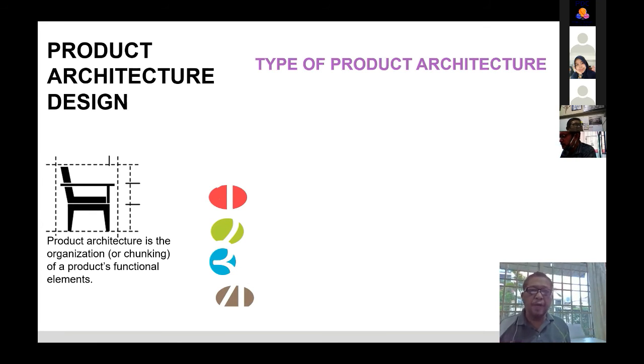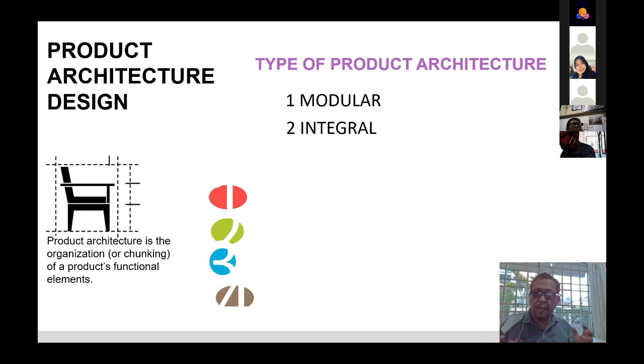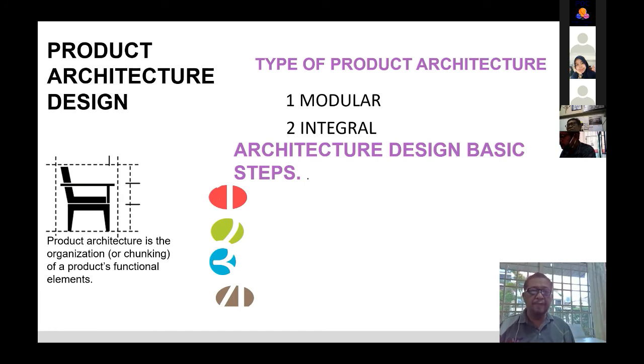There are two types of product architecture. One is modular, which consists of several components that are assembled for operation. The other is a single-piece, or integral, product architecture, which is only one piece, so it will function by itself.